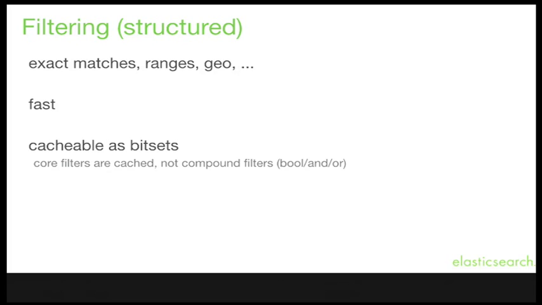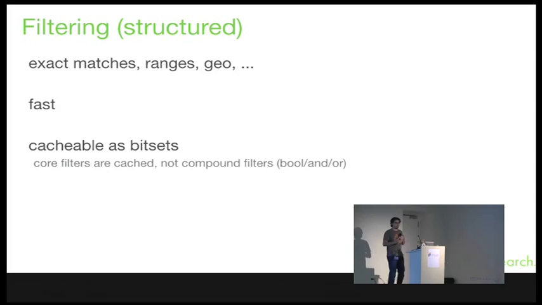For example, if you want to combine multiple filters and you have 2 bit sets, that's a bitwise operation. That's something, probably the most effective operation you can do on a CPU. So it's very nice for these reasons, and this also enables us to cache individual core filters, so the individual conditions, and then always combine them together from the caches.